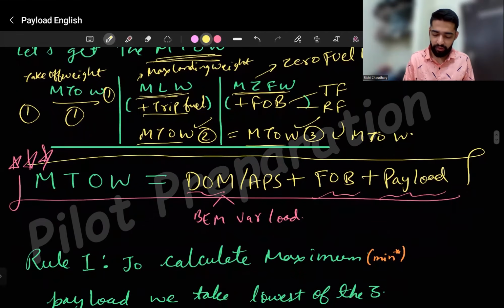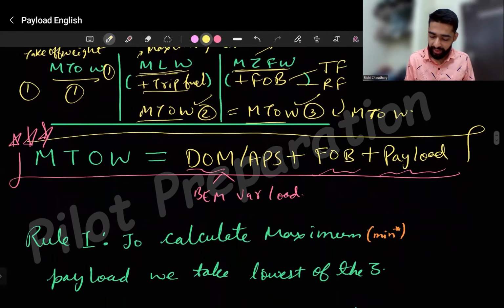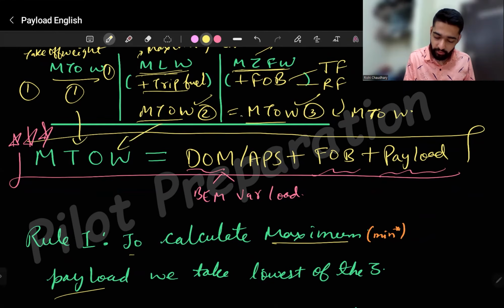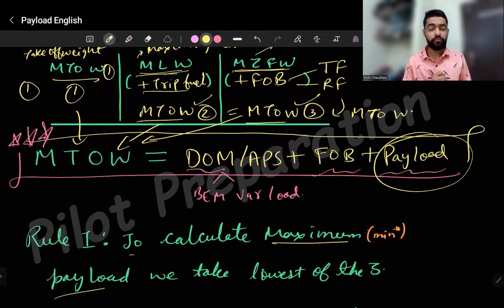So the first rule is rule 1: to calculate maximum payload, we take the lowest of the three. Lowest of the three means MTOW1, MTOW2, and MTOW3. Which one of them is lowest? We'll put that value here and find out the payload.